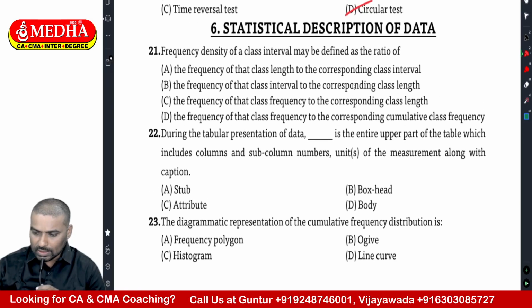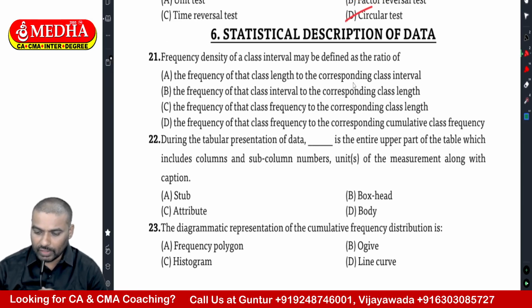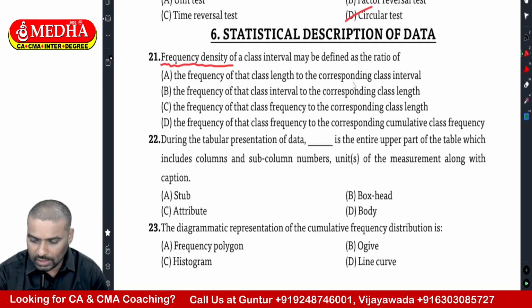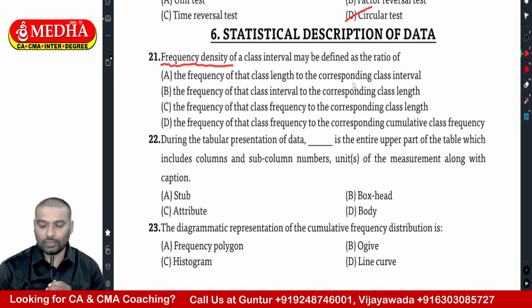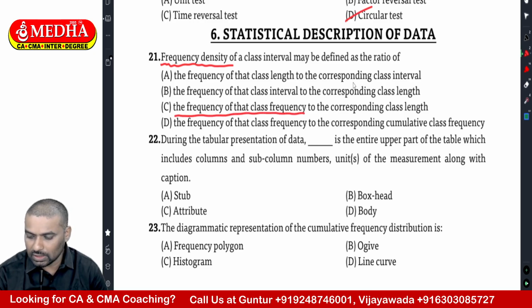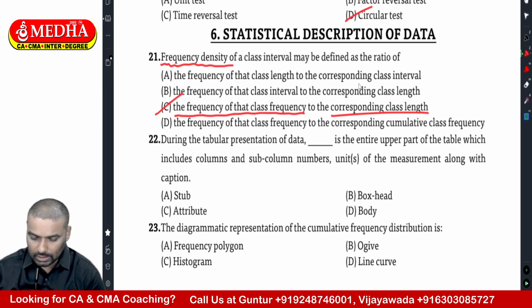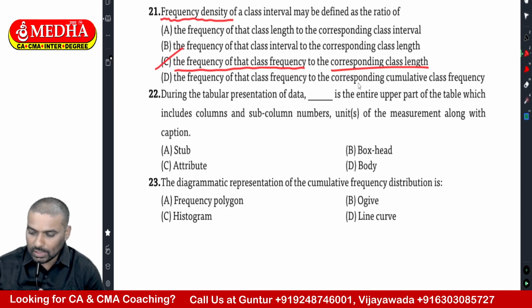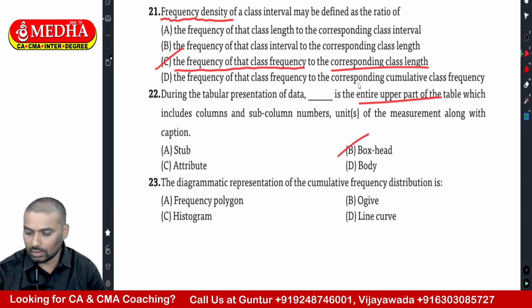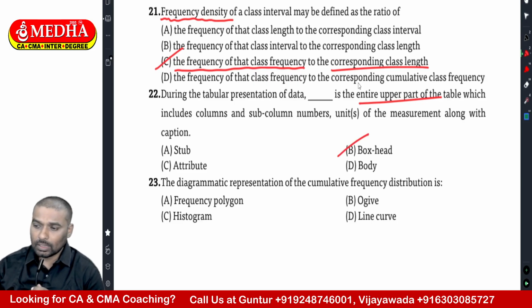Now, statistical description of data. Frequency density means class frequency divided by class length. So it is the frequency of that class divided by the corresponding class length. Option C is correct. In tabular presentation, the entire upper part of the table is called box head.